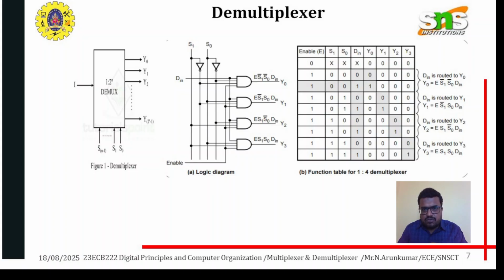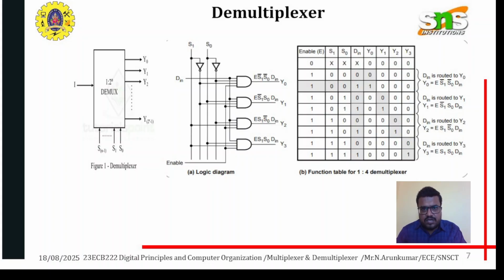So the values are noted here. The enable is 0. If the value is 0, then it is automatically calculated. It will be repeated up to the end of the table. Here S0 and S1 will be 0 or 1. It may be 0 0, 0 1, 1 0 and 1 1. Like this there are four combinations, and the zero values will be repeated up to eight times.